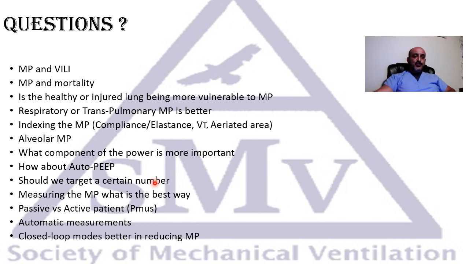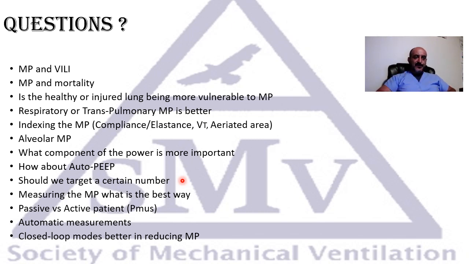Now, another question is, should we target a certain number of mechanical power? And this really kind of scares me, because for years or decades we targeted a certain tidal volume, like the ARDS network, 6 milliliter per kg, thinking if we're doing 6 or below, we're saving lives.